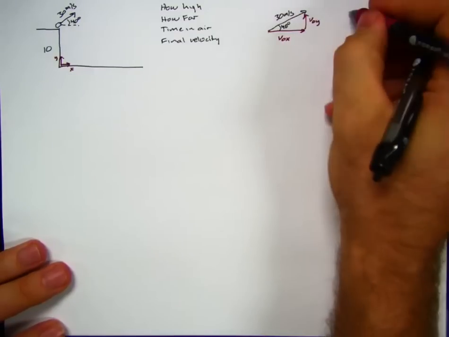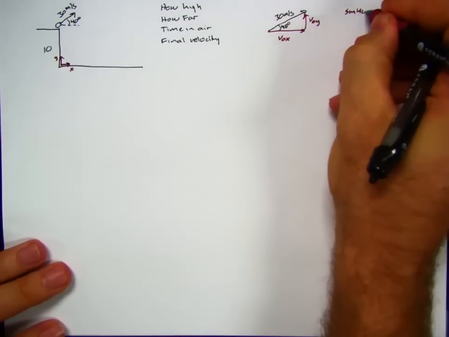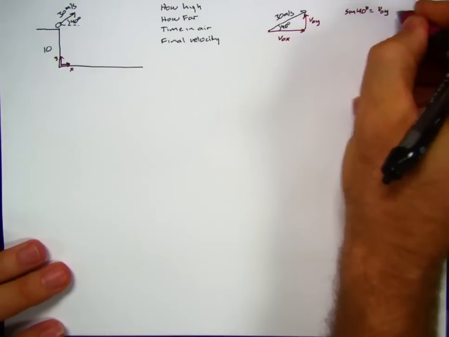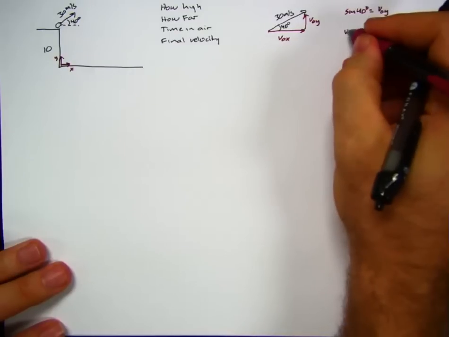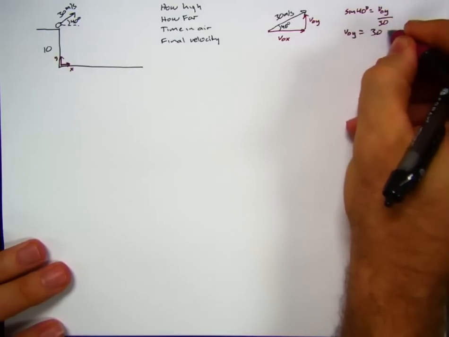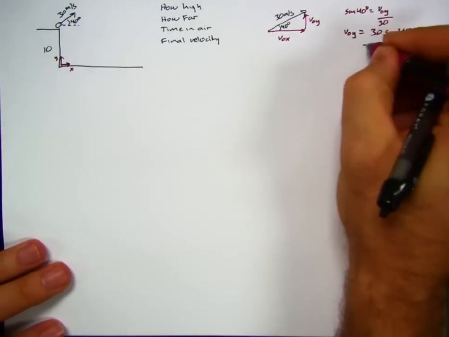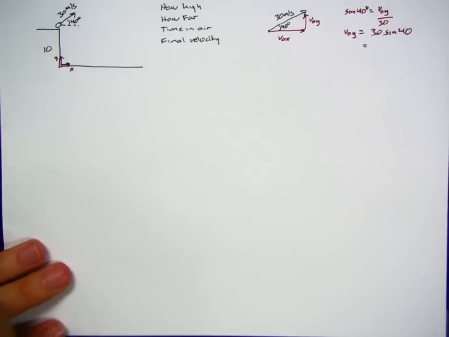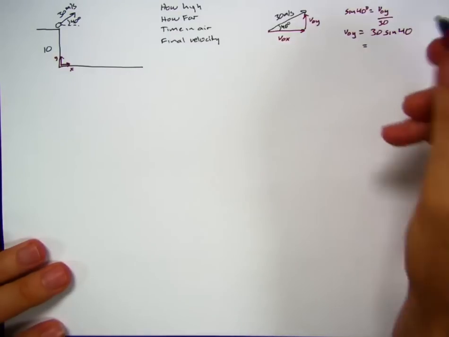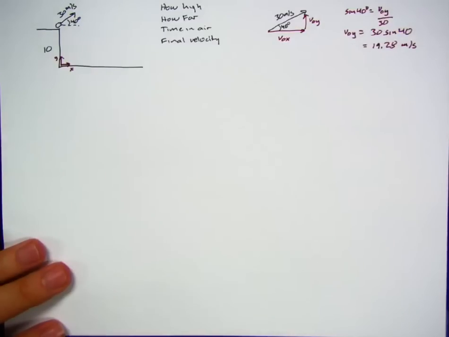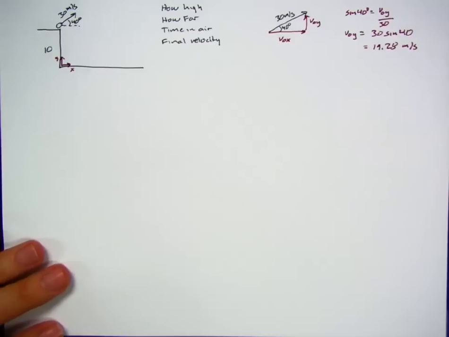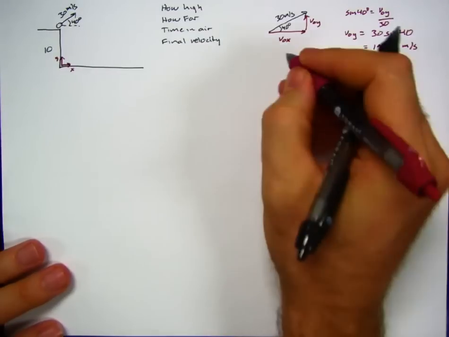So I know that the sine of 40 degrees is v0y over 30, right? Opposite over hypotenuse. So v0y is equal to 30 sine 40, and I'll just plug that into my calculator right now, 30 sine 40, again remembering to be in degree mode. Let's just say 19.28 meters per second, and I will keep that extra digit for now and fix it later in terms of significant figures.